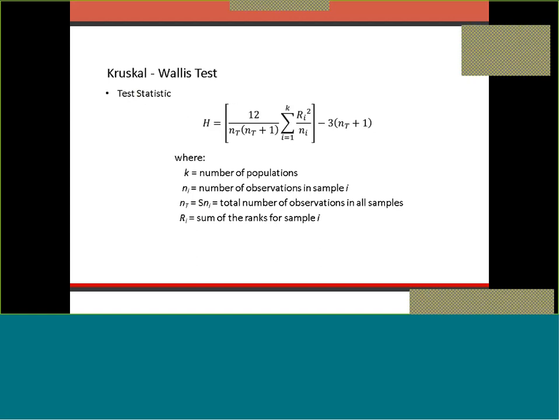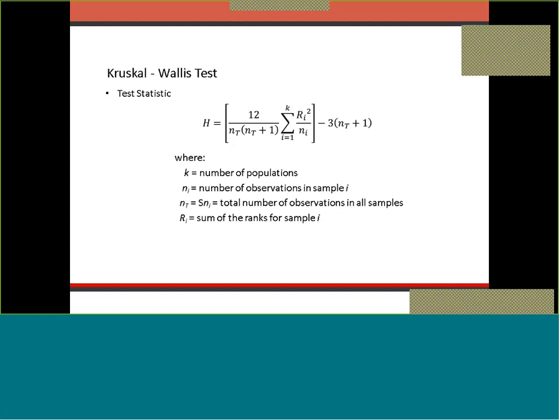So what is the test statistic here? It's a very complicated one. 12 by NT into NT plus 1, summation i runs from 1 to k, Ri square by Ni, minus 3 of NT plus 1. What is k? K is the number of populations, 3 or more generally. Ni is the number of observations in the ith sample.